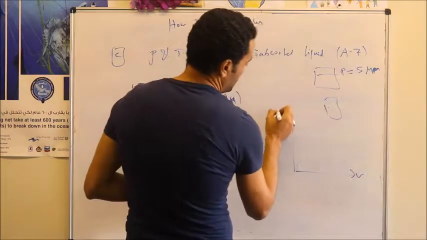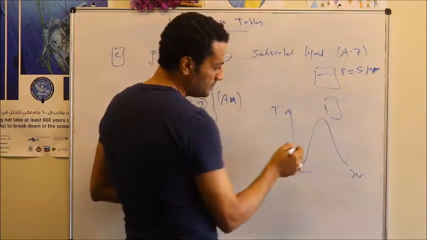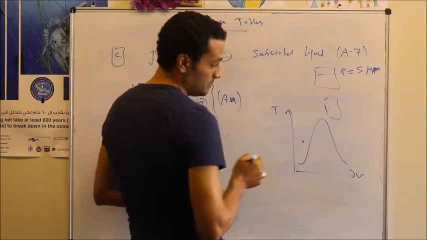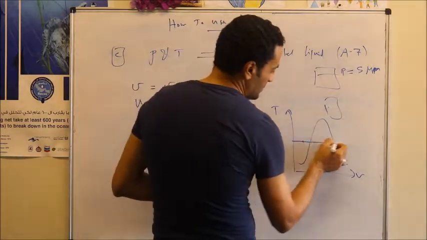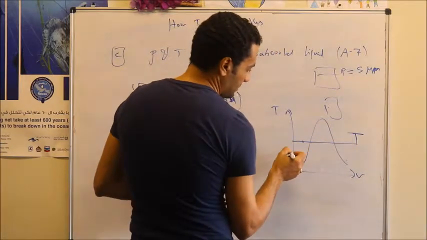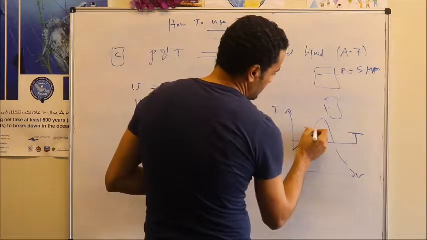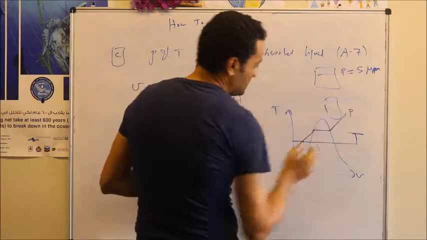If we look at the saturation curve on the T-v diagram, and we are in the subcooled zone, this line represents the temperature at this point, and on the T-v diagram this line represents the pressure.